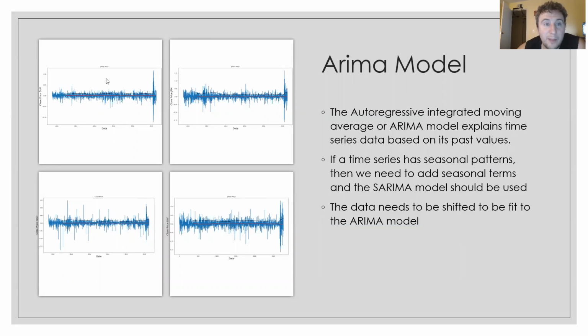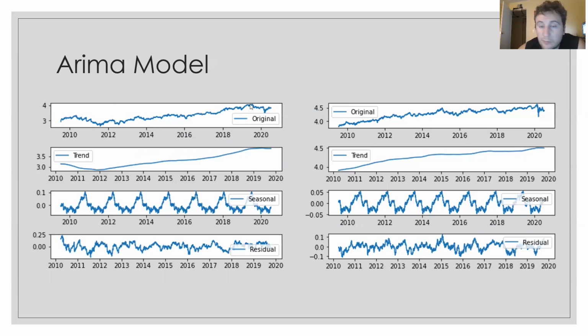So in this particular case, this is the graph of the shifted logarithmic data sets. These all look pretty great and are all definitely stationary. So here was a check for seasonality.